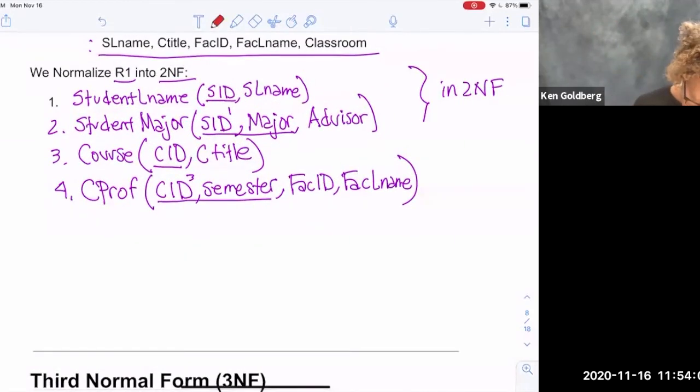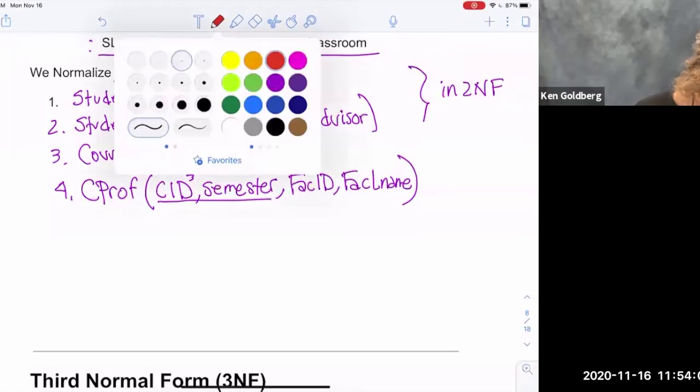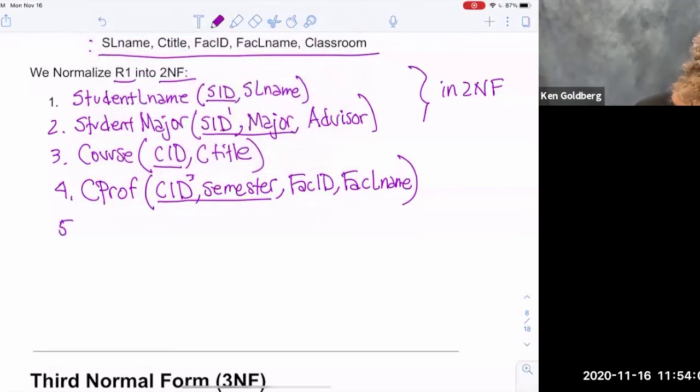Now we're not done. We have to now add five, the course room. So here I'll take CID from three, the semester, and the classroom.